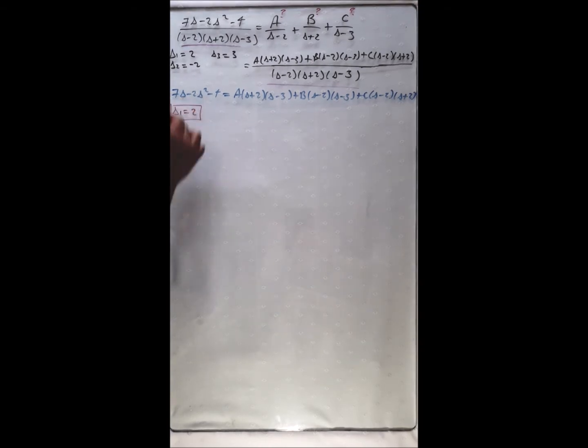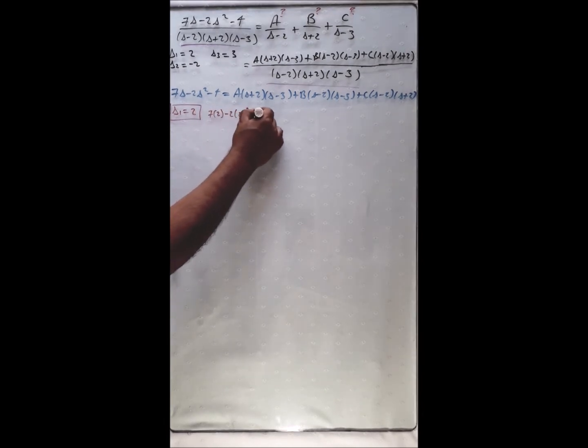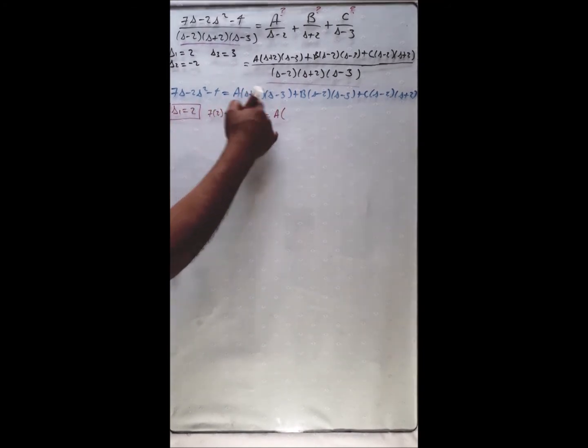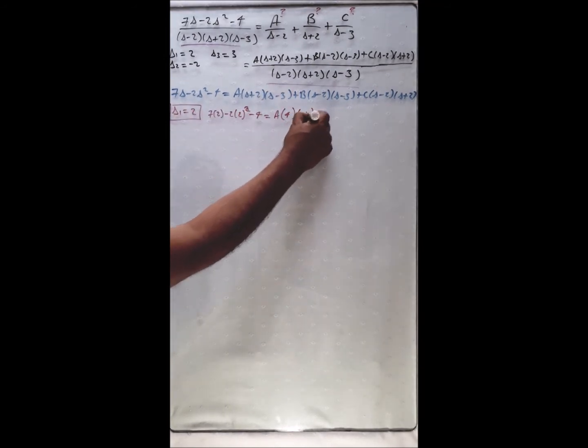Now here comes something that I call the magic numbers. To make this easier, I'm going to choose s1 equal to 2. What is the advantage of taking s equal to 2? If you replace s equal to 2, here it is going to be 7 times 2 minus 2 times 2 squared minus 4, and that is equal to A times (2 plus 2), 4, times (2 minus 3), which is minus 1, and that's it.